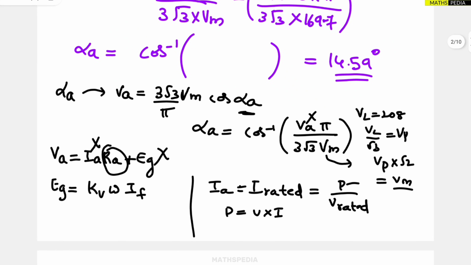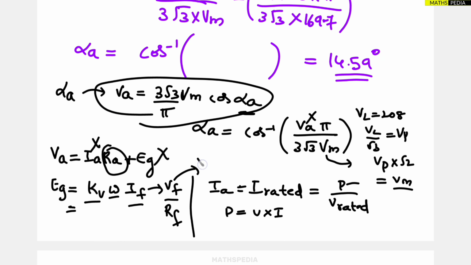Okay, EG. How to calculate EG? kV, the motor constant, is given. Omega is 1800 rpm, you have to convert into radian per second by multiplying by pi by 30. IF is nothing but again you go for the formula VF by RF. For VF again you go for the same formula, 3 root 3 Vm by pi into cos alpha f.